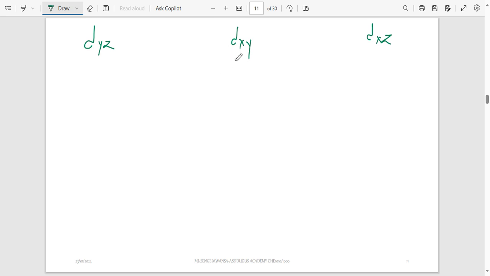So if you look at dxy, let's say this is the z-axis, and then this is the y-axis. The way these are going to move is in a direction away from what has been mentioned. So if x and y are the ones which have been mentioned, it means z will be alone.